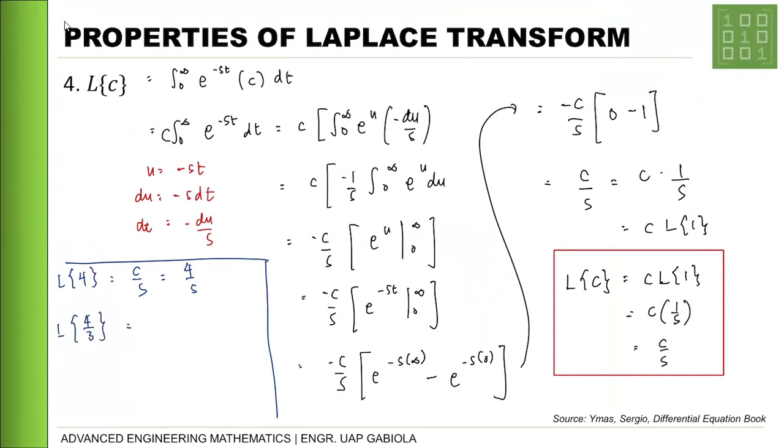So, that will be 4 over 3s. Okay? Or, simplify natin to. 4/3 over s. That will be 4/3 times 1 over s, or 4 over 3s. Okay? So, ayan, yan yung ating fourth property, which involves a constant in our f of t.